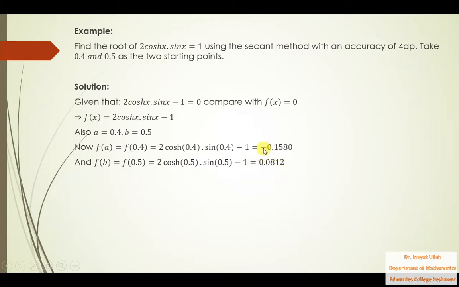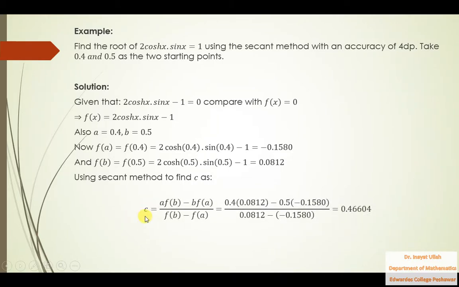We see that f of a is negative and f of b is positive, so the root will lie between a and b. So that is f of a and this is f of b. Now using secant method to find c, c is equal to a f of b minus b f of a divided by f of b minus f of a.